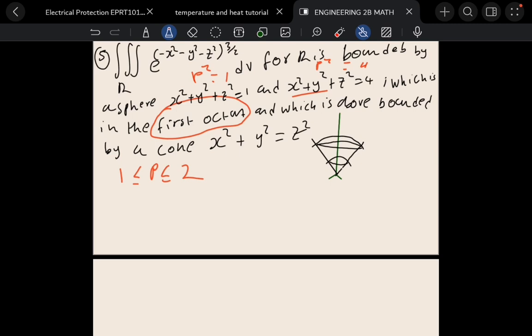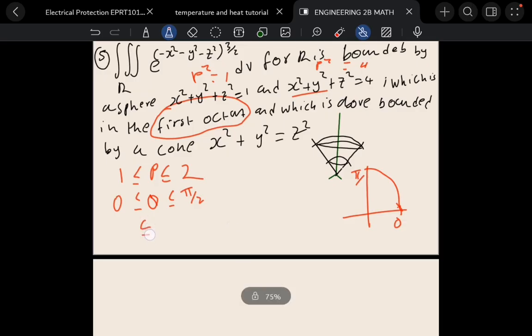And then your theta, because this is on the first quadrant, if you look at the xy plane, it's something like this. So it's 0 to pi over 2.